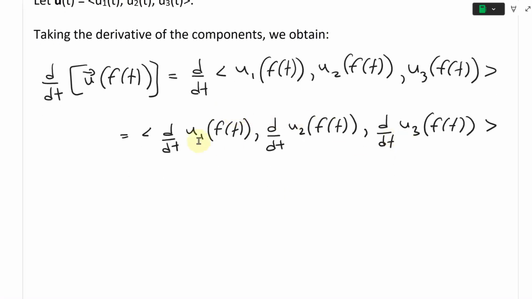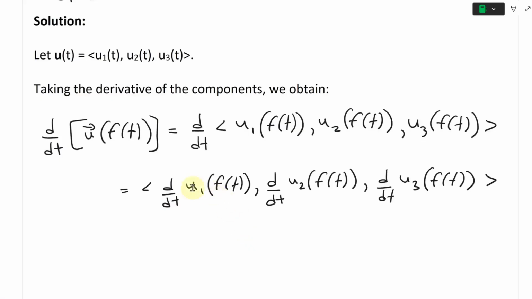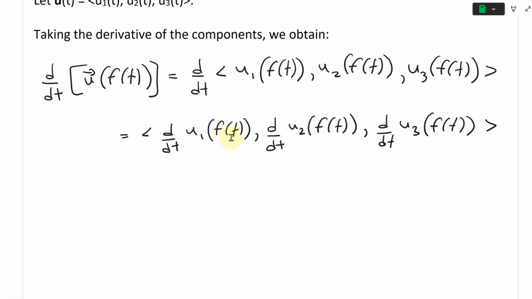And again, now we just have a basic chain rule. Now we just have a regular real valued function, it's not a vector function, this is just a component of it, and then we can just take the derivative and multiply it by the derivative of the inside, which is f prime of t. So this equals, using the chain rule, f prime of t times u1 prime of f of t.